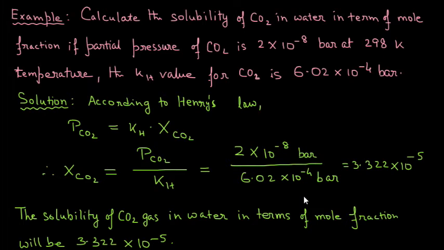Upon solving, we get 3.322 multiplied by 10 to the power minus 5. The solubility of carbon dioxide in water in terms of mole fraction will be 3.322 multiplied by 10 to the power minus 5.